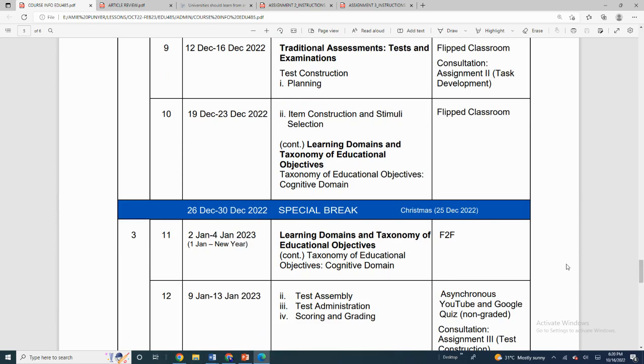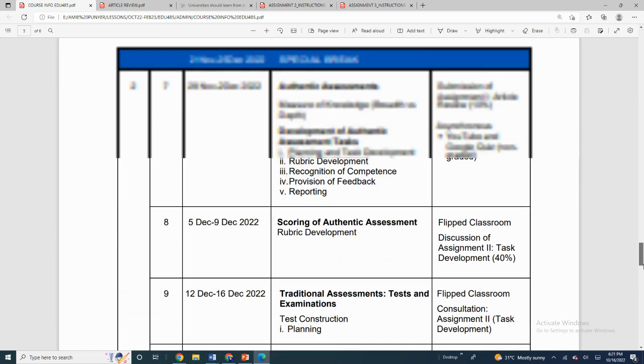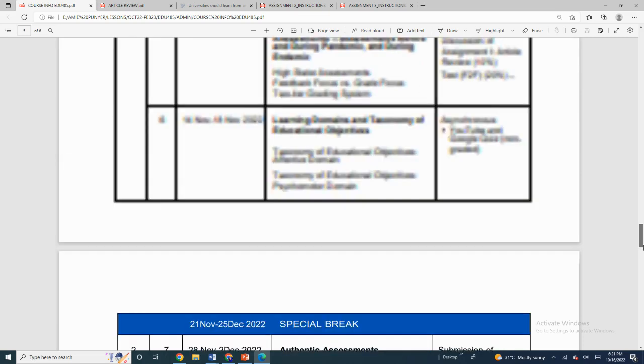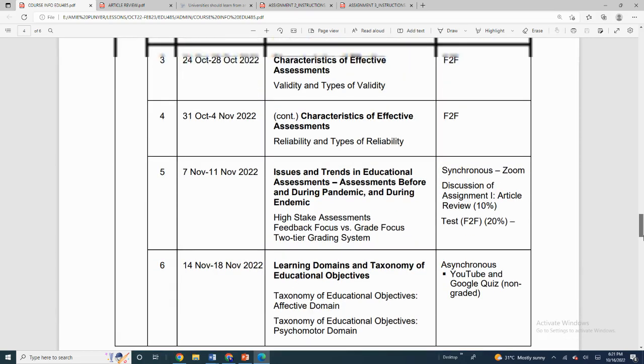Okay, on designated weeks. So the modus operandi, or the format, for my asynchronous lessons will always be in this structure. You will be directed to watch a YouTube video on that particular topic. And after that, you'll have to respond to a set of questions via Google Quiz.